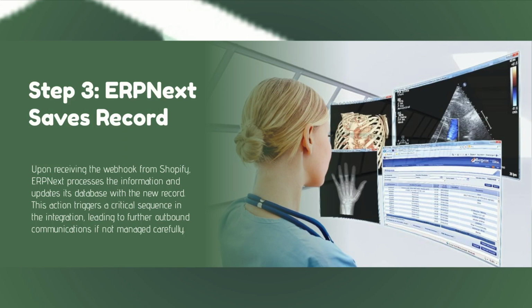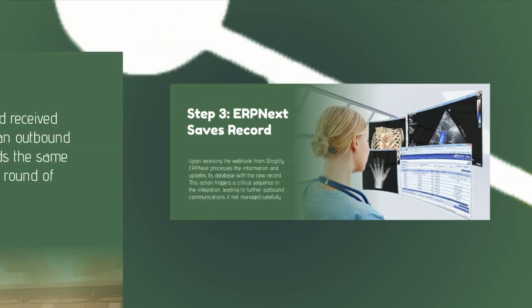ERPNext receives that and processes it depending on how you have programmed it to work. In this case, we are of course going to save that record. For example, let's say we updated the customer name from John Doe to Jane Doe, then we expect that the customer name changes to Jane Doe in ERPNext.